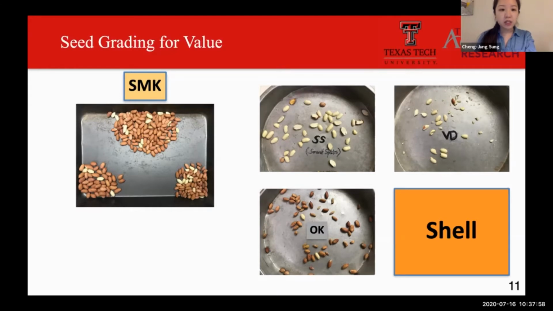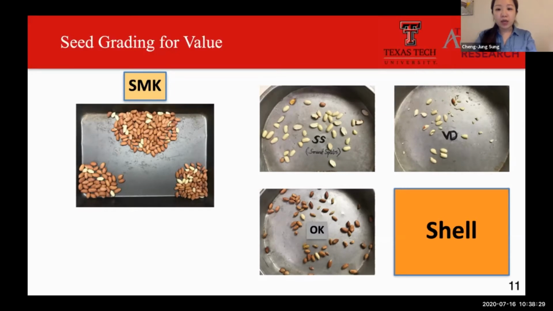So after the pods were shelled, I put all the seeds onto 3 different sizes of the screen, and all the seeds fallen on the screens are called sound mature kernel, SMK, and the other ones that fell through the screens can be categorized into SS, which is sound splits, VD, the visible damage, and OKs, the other kernels, which are mostly immature seeds.